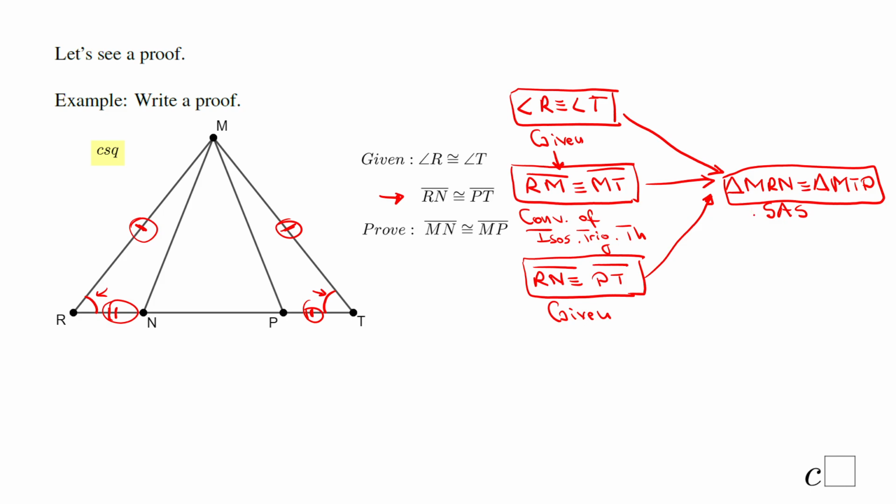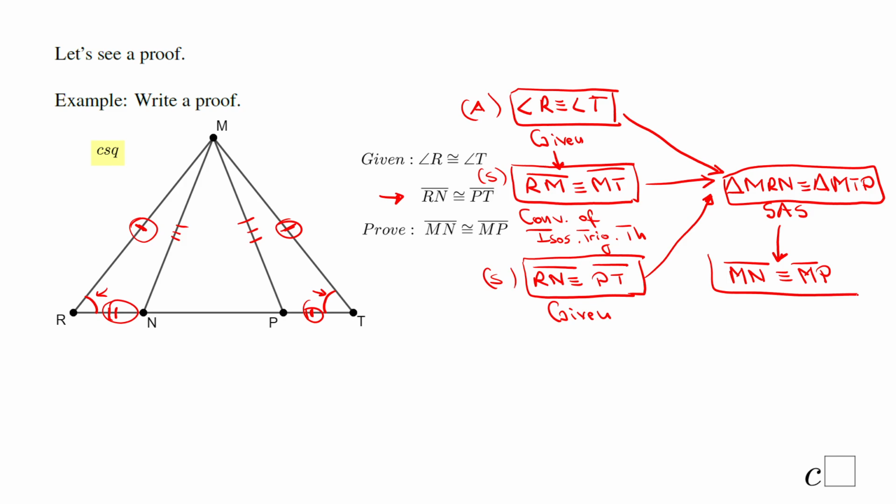Okay, let me do a box here, and you see that's the statement and the reason. Again, you may want to look here. This is the angle and these are the two sides, and the angle is included, so you can do something like this. Good. And now how can I prove MN congruent? These two guys are congruent. We have one more step, one more arrow, which is in fact the final thing, right? I'm going to say here MN congruent to MP.